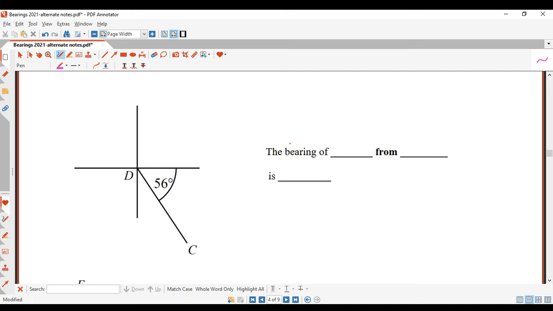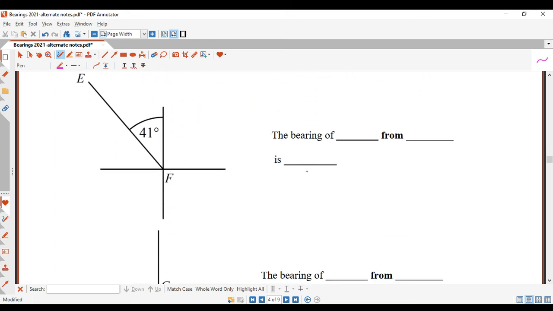You can pause the video if you like. So the bearing of C from D, so this is the direction you're describing, and we need the clockwise angle from north. There's north there, east there. East is 90 degrees, so up to here is 90. 90 plus 56 is 146.